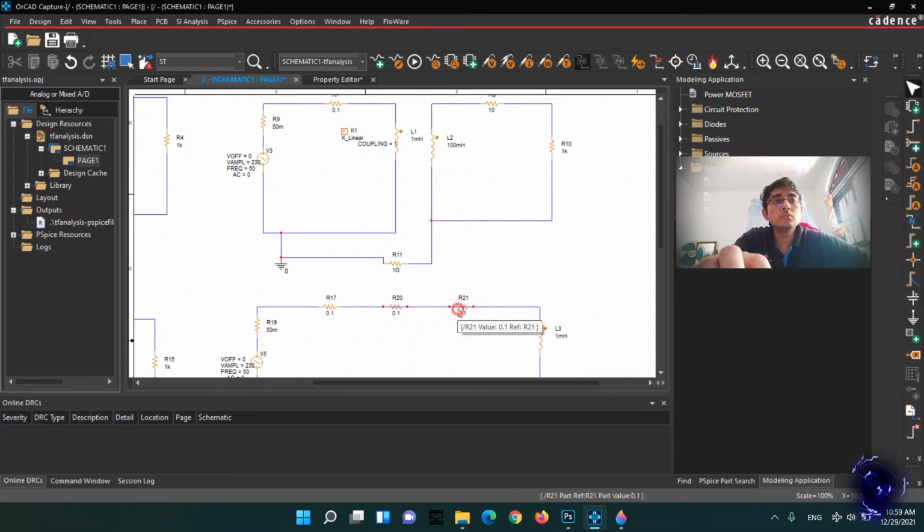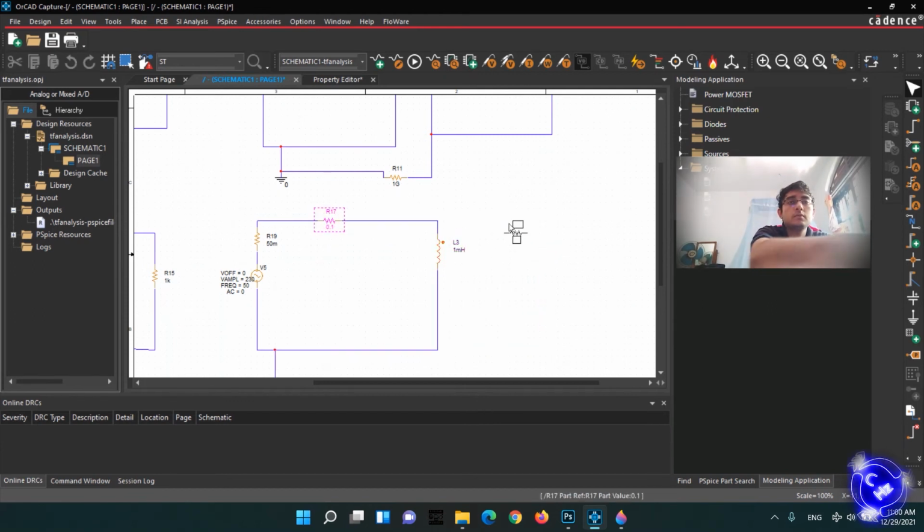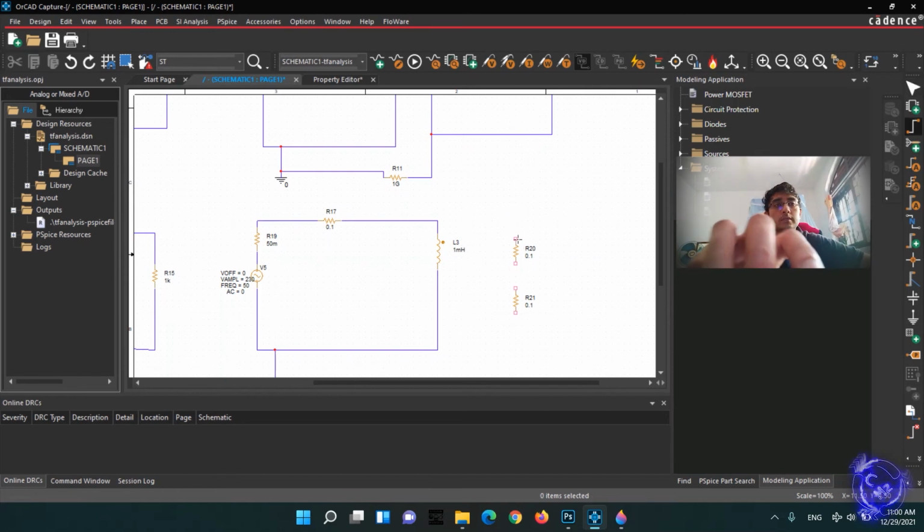So I need two resistance values because there are two resistors here. These two are added. Refer to primary means I have to add those refer to primary elements in parallel with my primary coil magnetizing inductance.